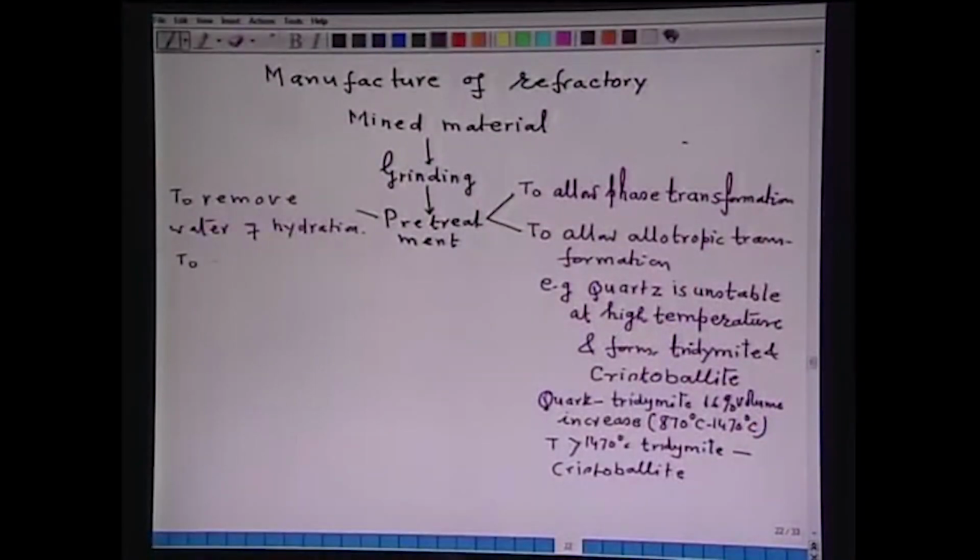Another important thing is to dead burn magnesite. What does it mean? Magnesite is MgCO3. If as such it is used at high temperature, MgCO3 decomposes to MgO and CO2 will create problem. So, to dead burn means complete elimination of carbon dioxide from magnesite.